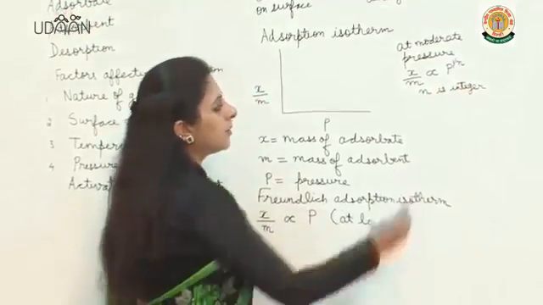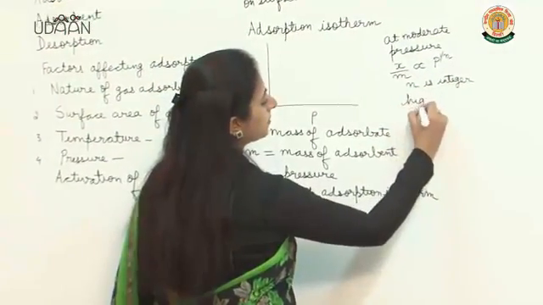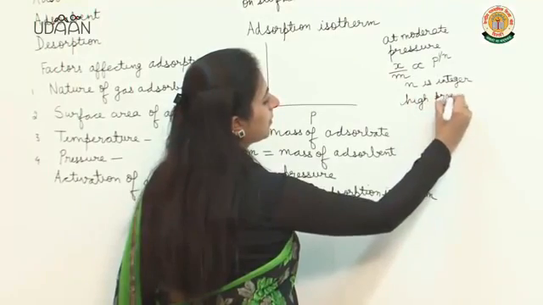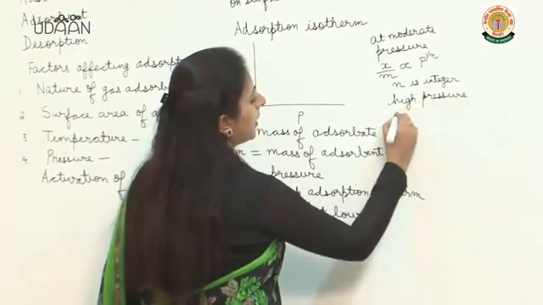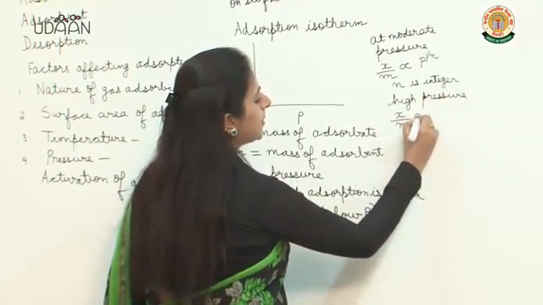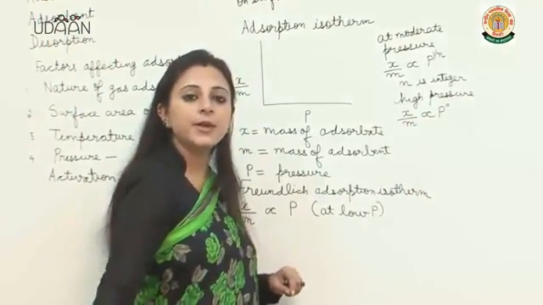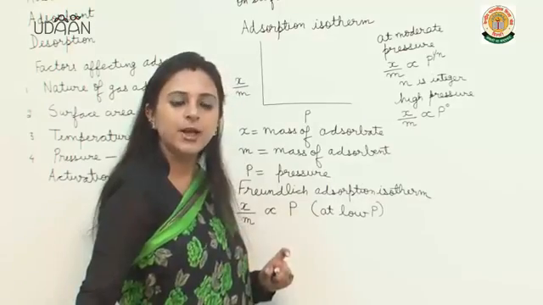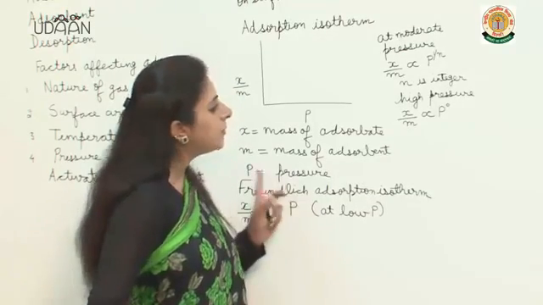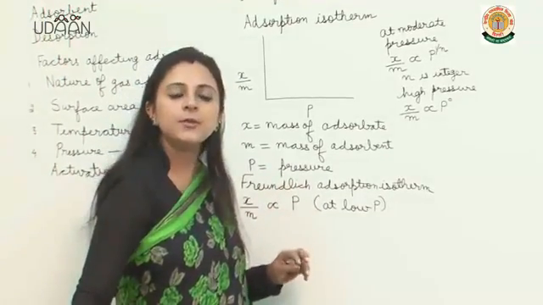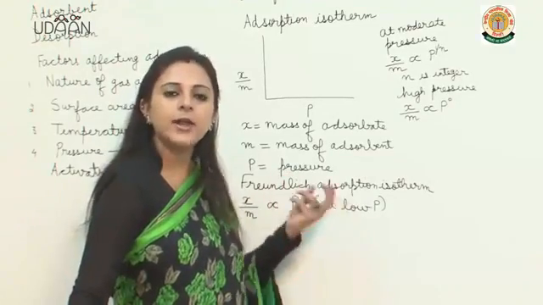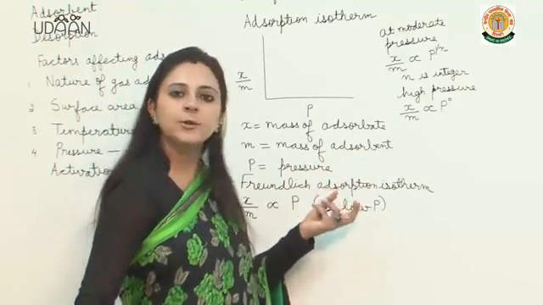And when we talk about high pressure, we say x by m is directly proportional to p raised to the power 0. That means it has become independent of pressure, indicating that Freundlich adsorption isotherm is applicable only at low pressure.